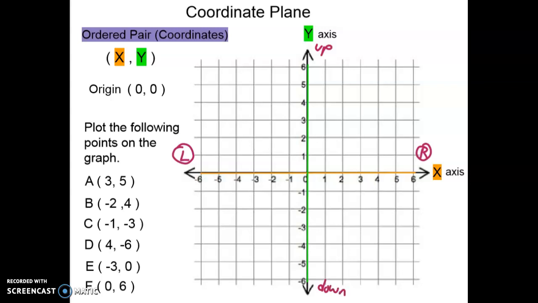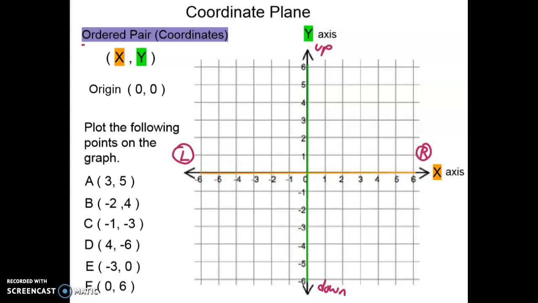Okay, so when you have your coordinate plane, sometimes you're going to be asked to either name a point that's already on your graph, or to plot a point, or actually put a point on the graph given a set of directions. Just like we have directions for a map, this is just the directions for a coordinate plane.